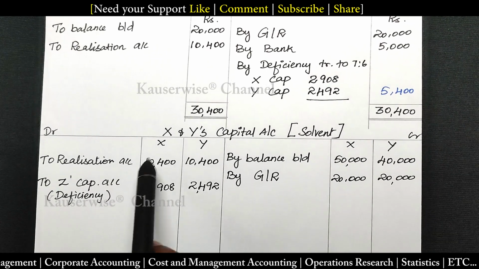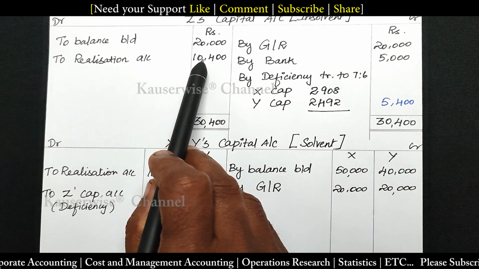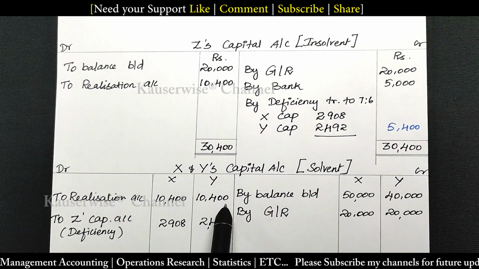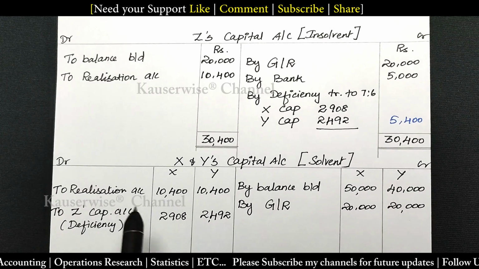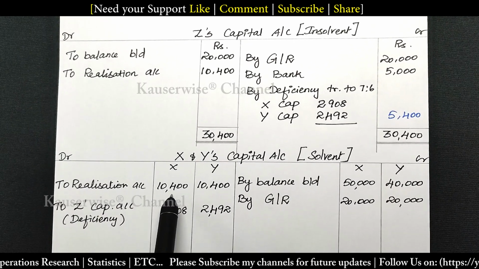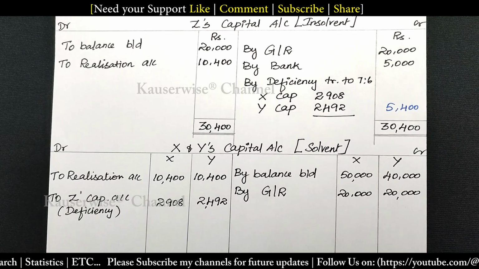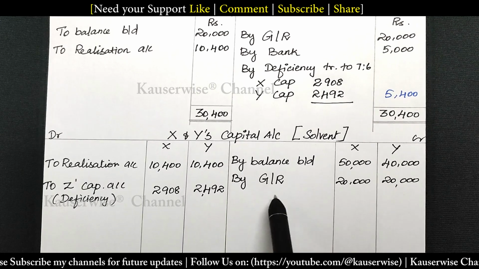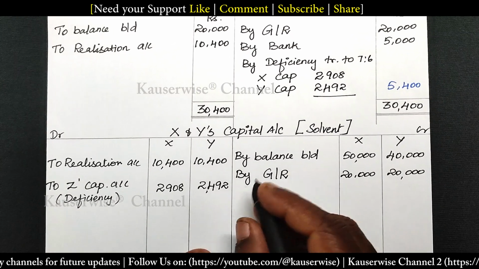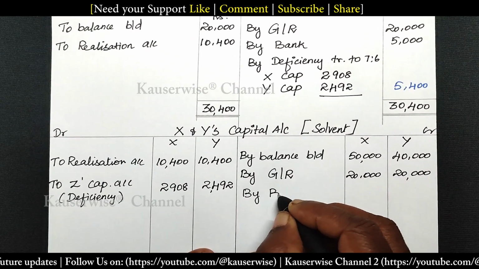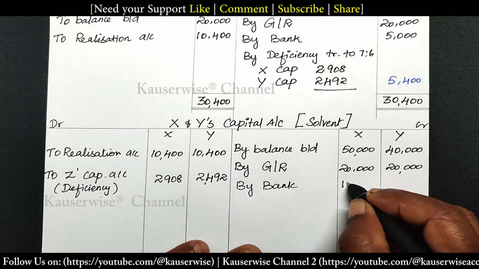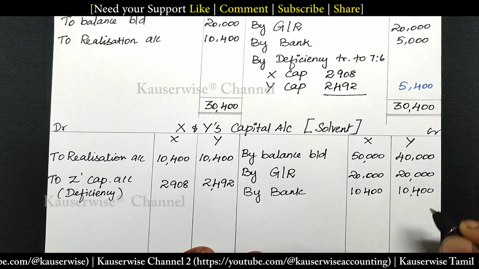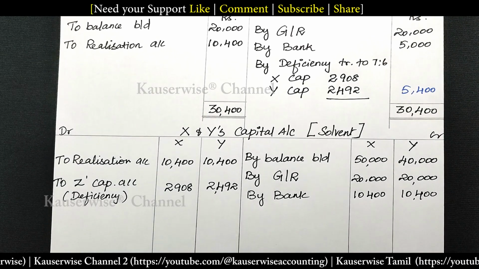We have transferred the realization loss to the insolvent partner as well as the solvent partners equally. Assume that they have brought the cash equivalent to the realization loss. So enter that amount on the credit side of the solvent partners' capital account. By bank, how much? X 10,400, Y 10,400. That's all. We have entered all the transactions.